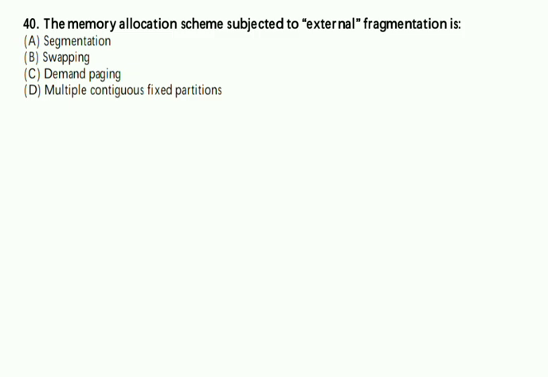This is the important thing we have to remember, because many questions are asked on external and internal fragmentation. Internal fragmentation means the fragmentation occurs within the memory location, not outside it. That's why external fragmentation occurs in segmentation, whereas internal fragmentation occurs in paging.